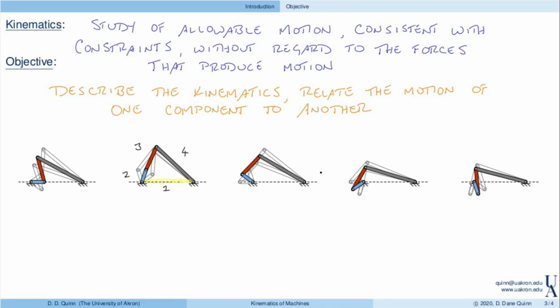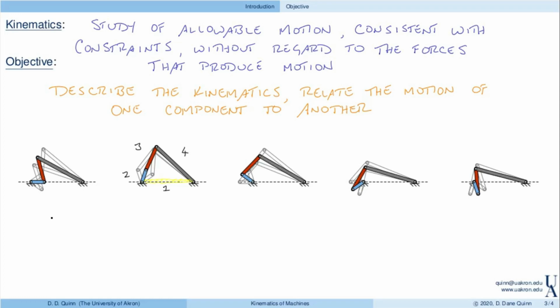So in this class, the real objective is to relate the configuration of these different links, in this case link 3 and 4, back to the input position of link 2. Right, so if you look and see what this does, link 2 could spin around, for example, and link 4, the gray link, would sort of rock back and forth. Right, so this would actually be sort of near its maximum position, and then as we move here, it would swing down to this sort of minimum position, and then it would return back here on the next cycle. So we'll really be focused on the configuration and the kinematics of linkages.